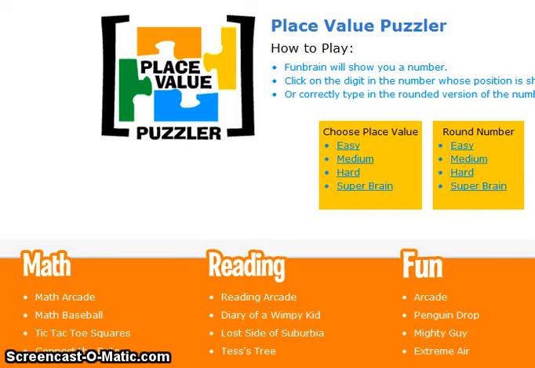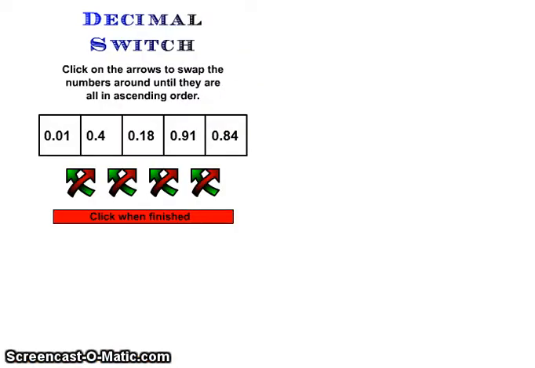Let me pause to get another practice site going. This is a game called Decimal Switch. It will teach you where and how to place your decimals and which is greater than the other. Remember place value? Decimals are all about place value. You want to go even further with place value, so we're going to learn how to place them in the right order. So 0.01 is a hundredth.